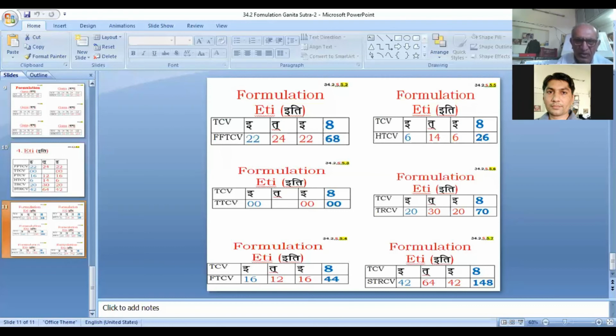The third feature, as of the third inner fold of formulation ET, is that FTCV is 44. We know that value 44 is parallel to the TC value of Param, the transcendental space.